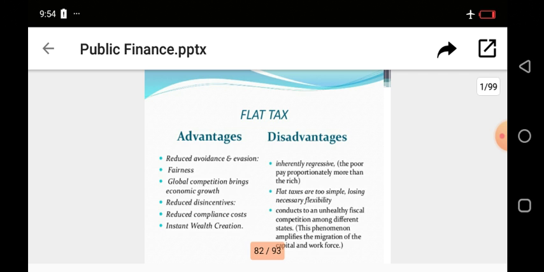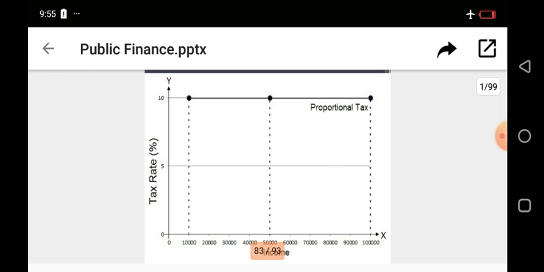So it is a tax that is very simple to calculate, and it's not that flexible. It can create unhealthy fiscal competition, meaning in terms of tax. Countries or states can lower their own, and that will encourage mass migration of capital and work staff to those states. So sometimes it can create unhealthy rivalry or unhealthy competition.